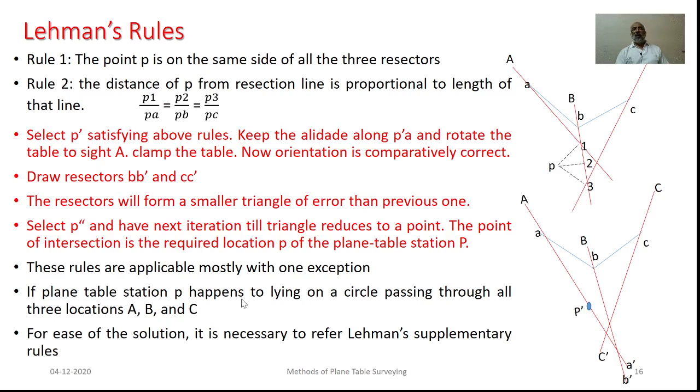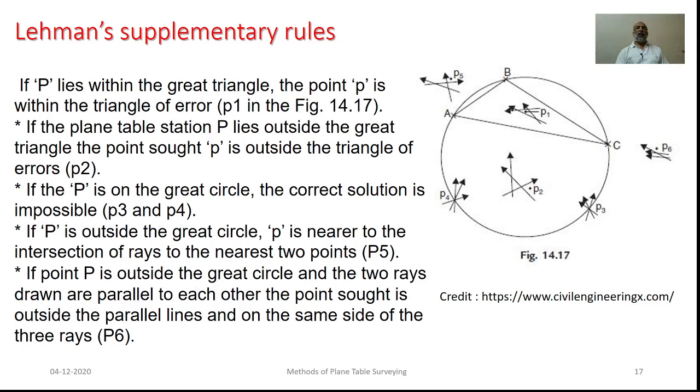In order to have further ease to arrive at the solution, we can make use of supplementary rules. So this particular slide is giving us some typical cases elaborating these supplementary rules. So the first case, if P lies within the great circle, the point P should be lying within the great circle to create the solution as P1.